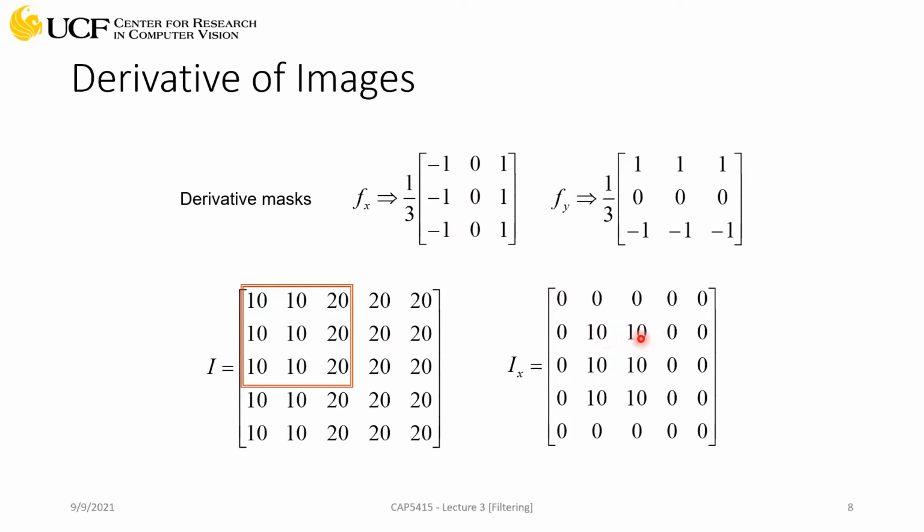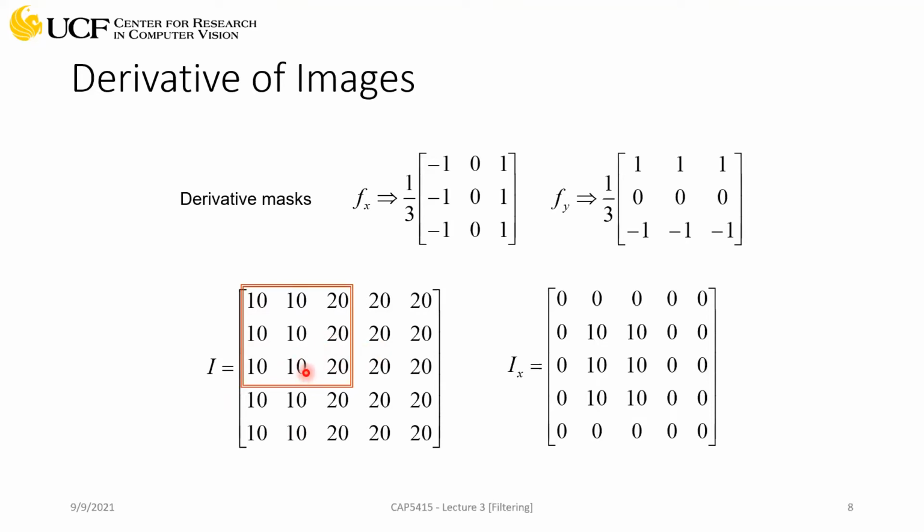Okay. So here you can see that what you get is high values in this column, right? And then high values in this column. Now, if you look at this patch, you can see that in these two columns, all numbers are 10, right? And then suddenly, starting from this column, all of the numbers become 20. So if you try to visualize what's happening here, the intensity of the image is actually changing at this location.